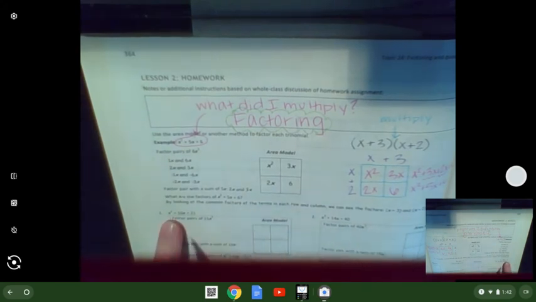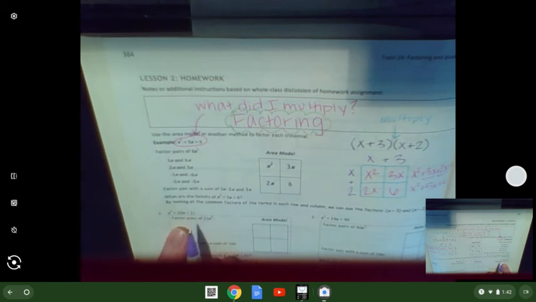Okay, here we go. How does this factoring work? Well, I'm actually going to run through this example here in number 1, and then I'm going to compare it back to what you see up here. So in number 1, we have x squared plus 10x plus 21.